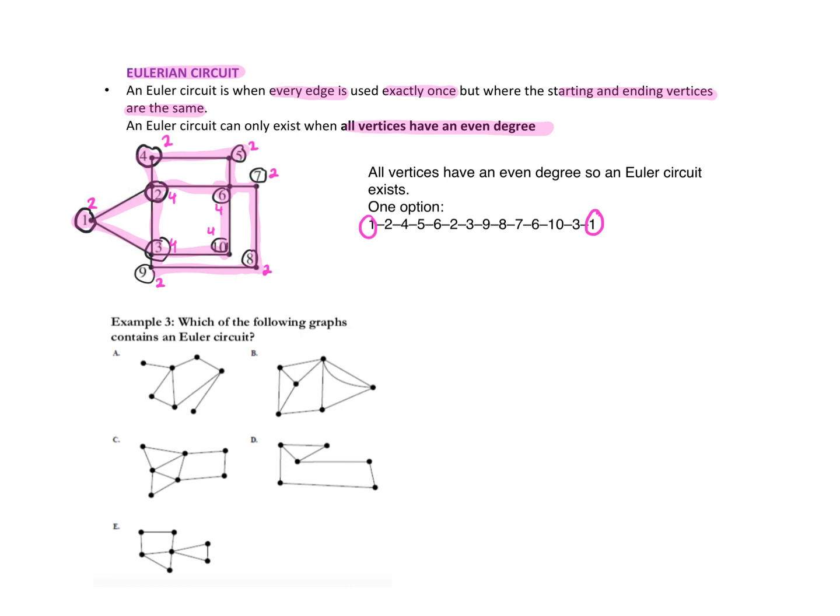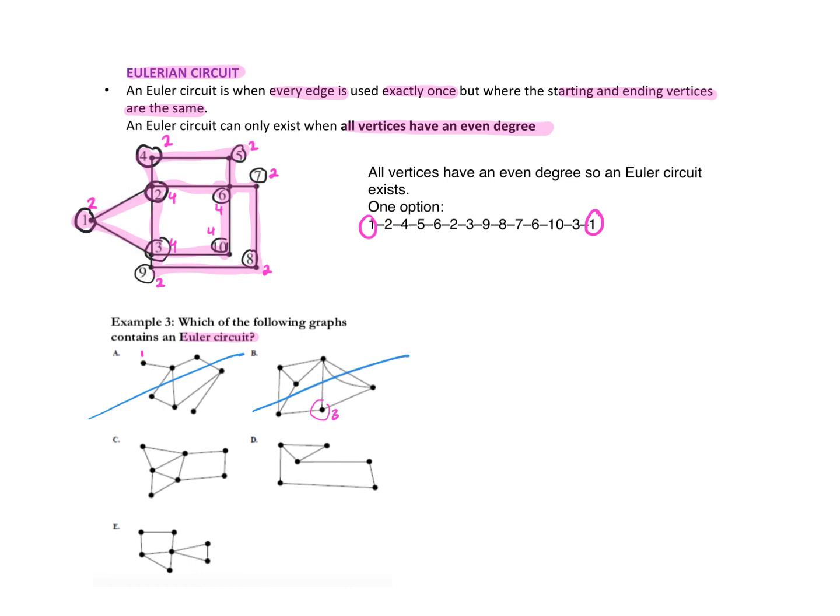It says which of the following contains a Eulerian circuit. When you want to know if it's going to have a Eulerian circuit, they're all going to have an even degree. So straight away, the degree of this one is 1, so that's out. If I look over here, this one has a degree of 3, which is an odd number, so I'm going to get rid of that one.